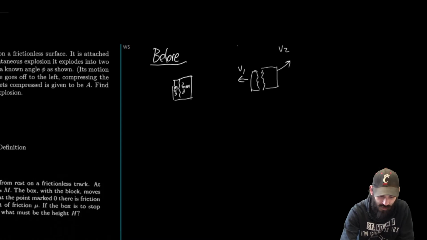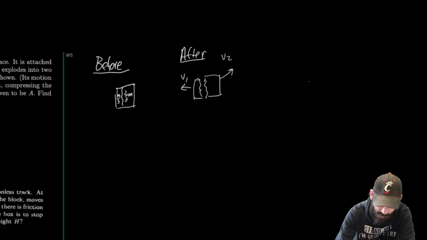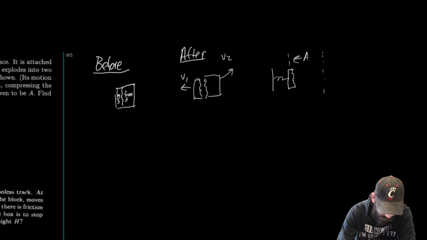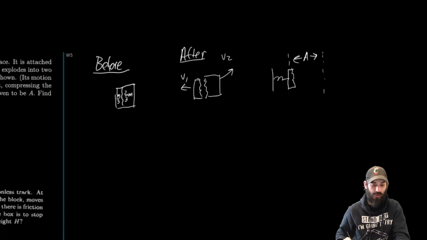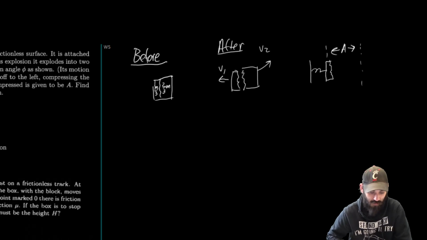So this is the after case, but then there's the third case that we have, where this v1 is going to compress a spring by a certain amount. The compression of this spring is given by a distance of a. What we want to do is determine what the velocities are, v1 and v2.